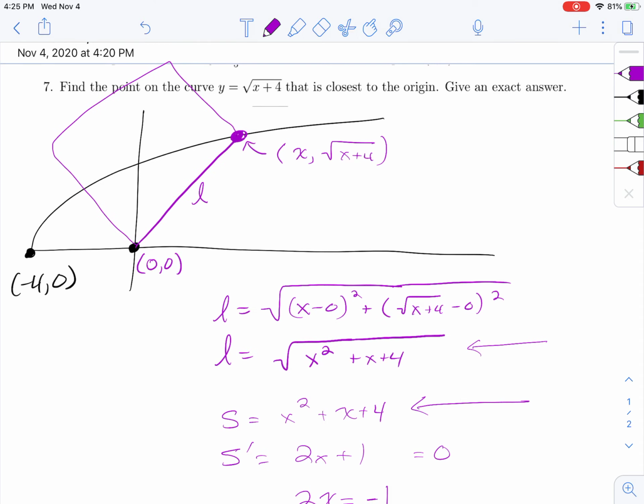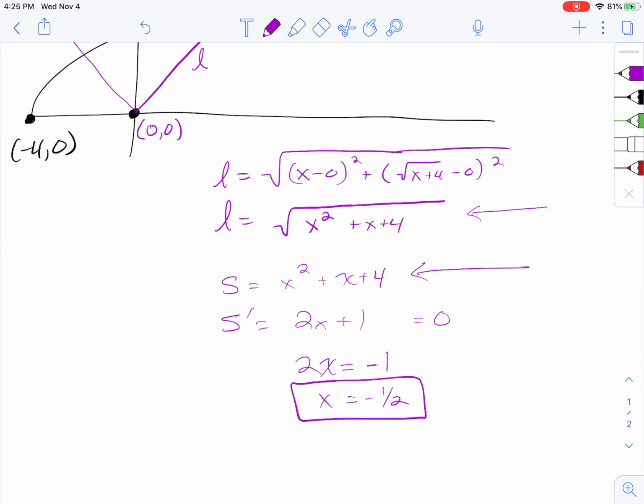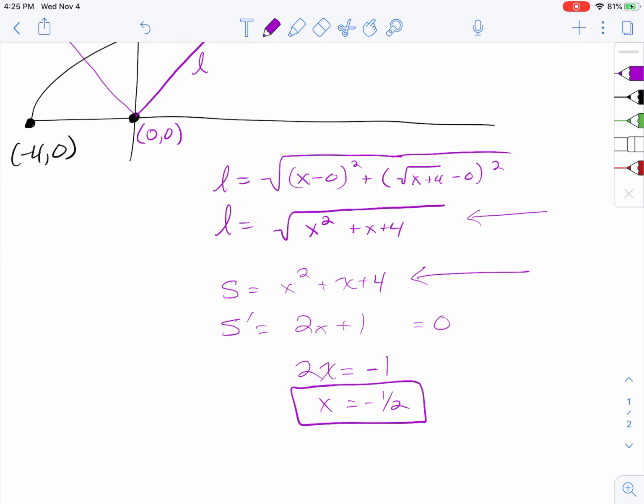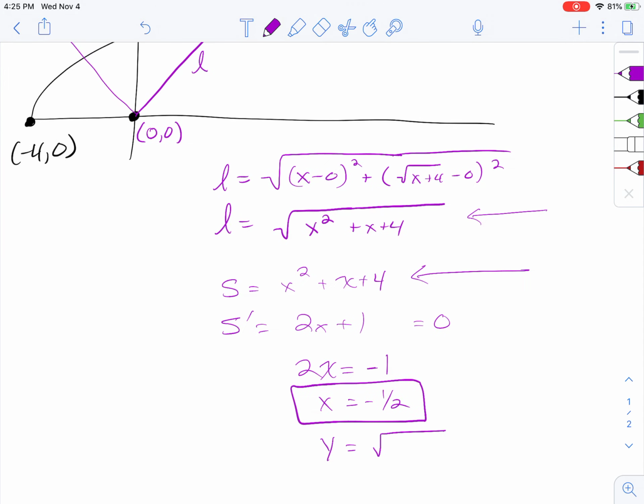They said find the point, so we should probably give the x and y coordinate. x is negative 1/2, y is going to be square root of minus 1/2 plus 4. So it's going to be the square root of 3.5. I'll just leave it like that.